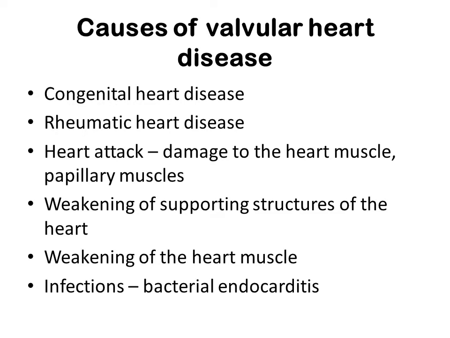Now causes of valvular heart disease include congenital heart disease, rheumatic heart disease, heart attack, damage to the heart muscles, papillary muscles, and weakening of supporting structures of the heart and of the heart muscles. Then infection, which includes bacterial endocarditis.